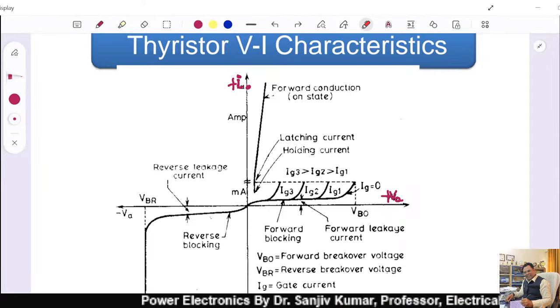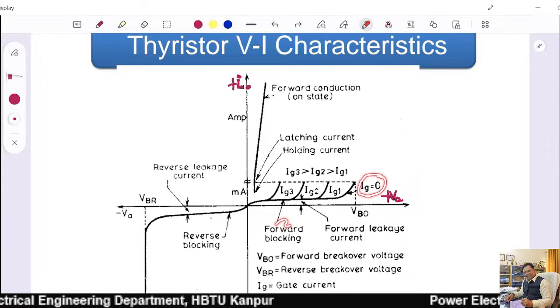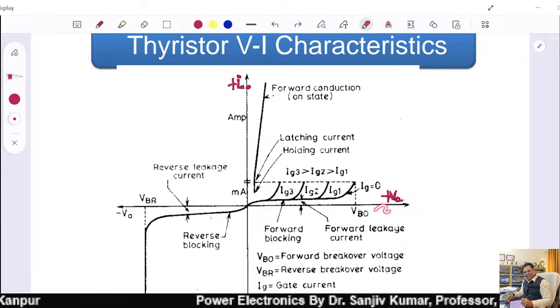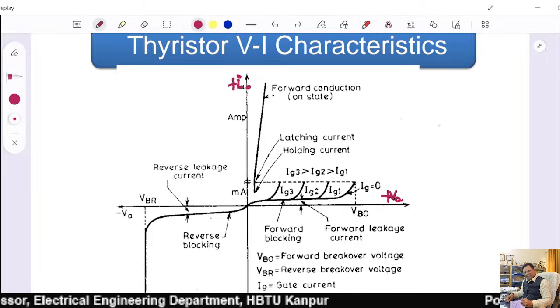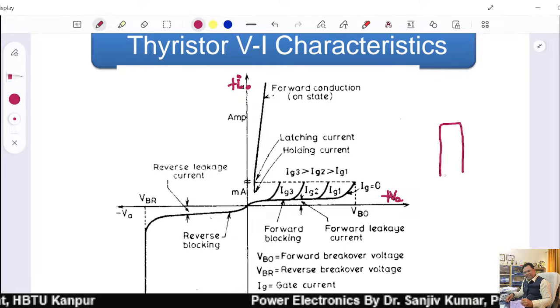Clear? Now see what happened when you don't apply gate pulse, means Ig is 0 and you keep on increasing the anode to cathode voltage. So basically what is happening, you just see, it is like this.